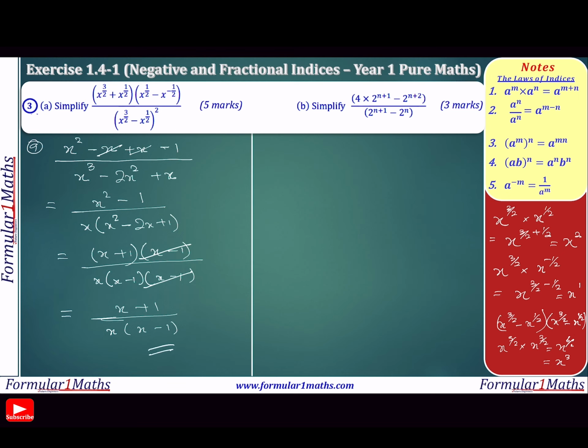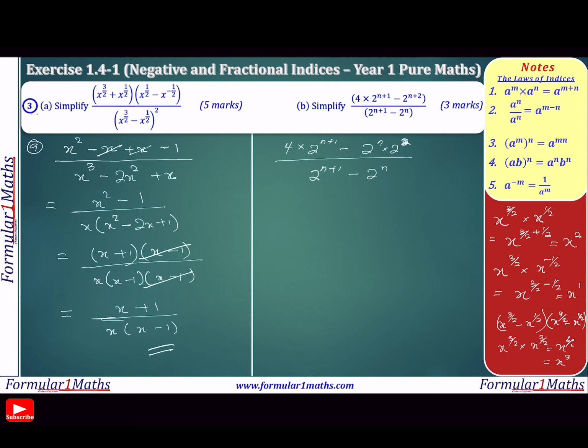For question 3b, the numerator here can be written as 4 times 2 to the power n plus 1 minus 2 to the power n times 2 to the power 2 over, and we can leave the denominator as it is, 2 to the power n plus 1 minus 2 to the power n. Sorry, this is 2, not 4.